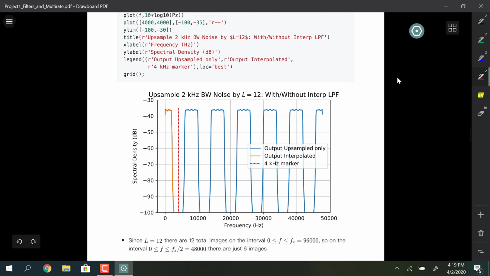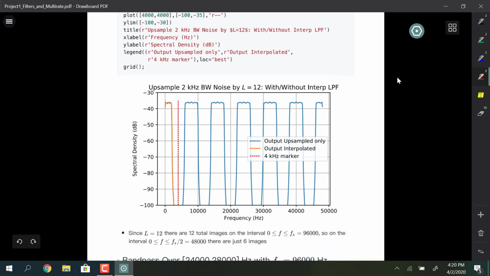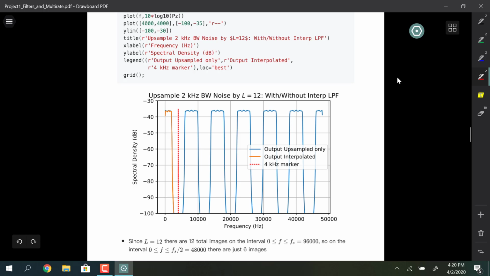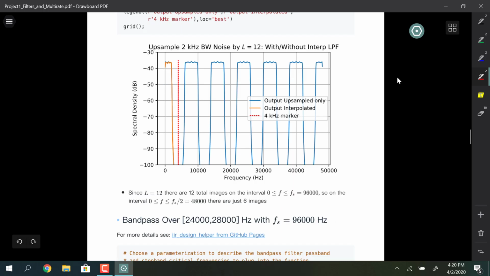This was the area that I had a mistake in. I designed the interpolator filter here, and if you don't design with an interpolation filter, you get all the spectral images from your signal that's 2 kilohertz bandwidth in the Weaver modulator. But with the interpolation filter, you get rid of all those images and you get just that orange spectrum.